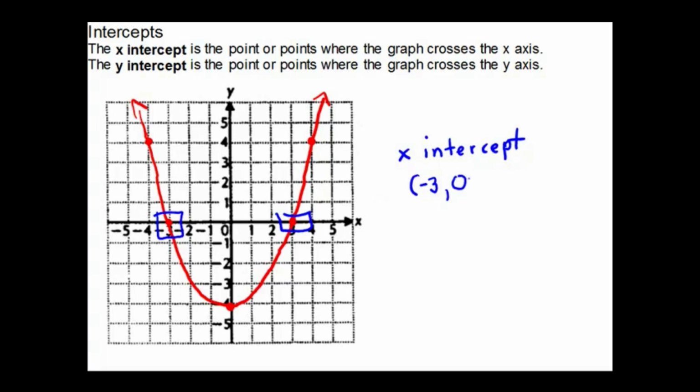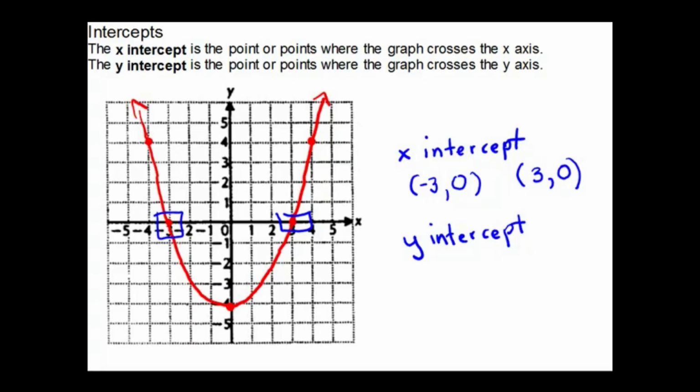So the y part is 0. And for the other one, the x-coordinate is 3, and it has not moved up or down. So the y is 0. So you can have more than one x-intercept just depending on your graph. Any place it crosses the x-axis is an x-intercept.